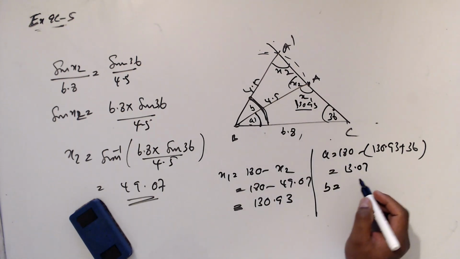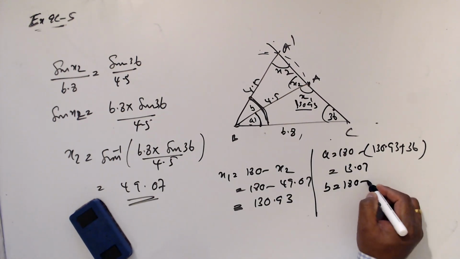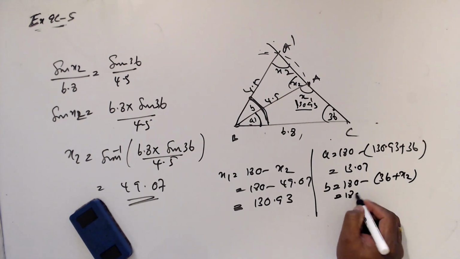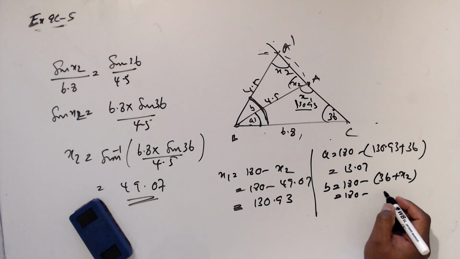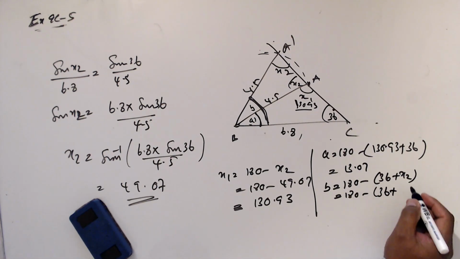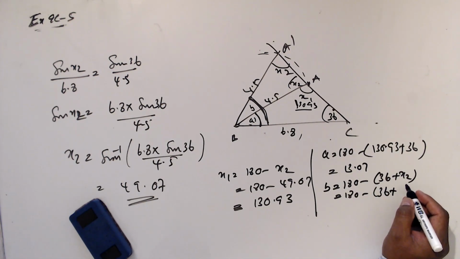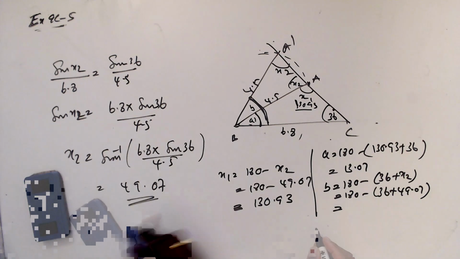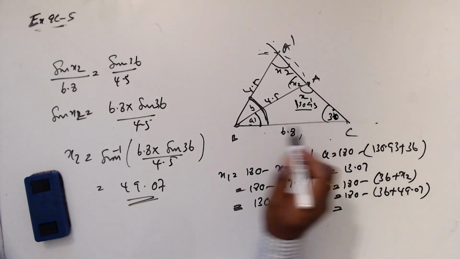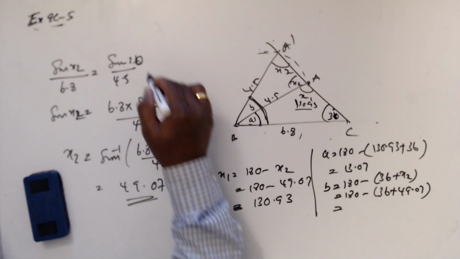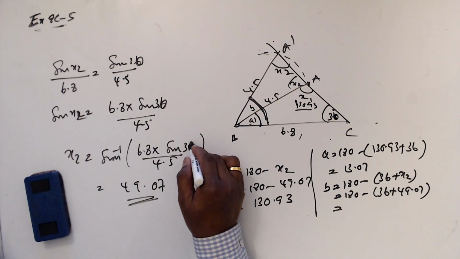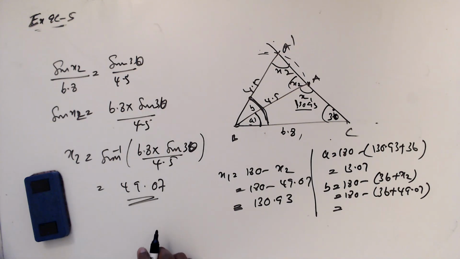B is 180 minus 36 plus x2. 180 minus 36 plus 49.07. I have to do a correction. This is not 36, 30.